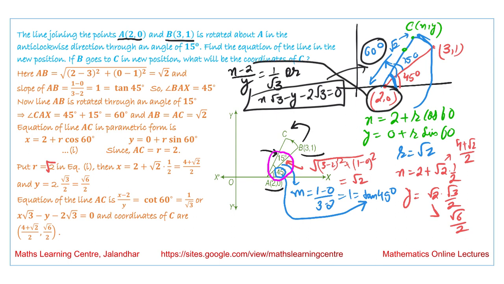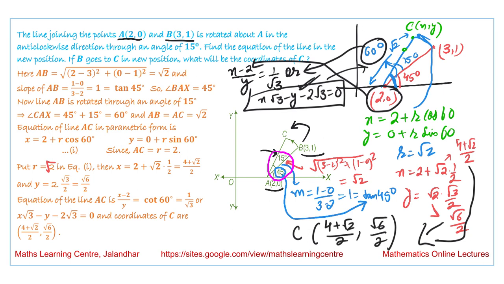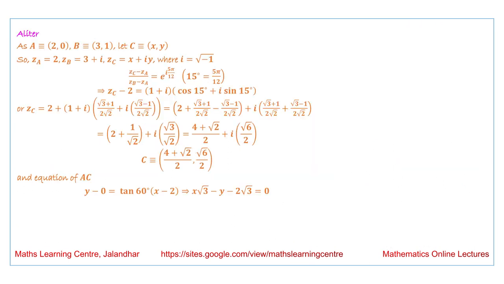This point is (2, 0), the angle we have is 60 degrees. So this is the equation of the line, and using the coordinates of the point we have obtained, the coordinates of this point C are (4 plus root 2) by 2 and root 6 by 2. So these are the coordinates of this point C.